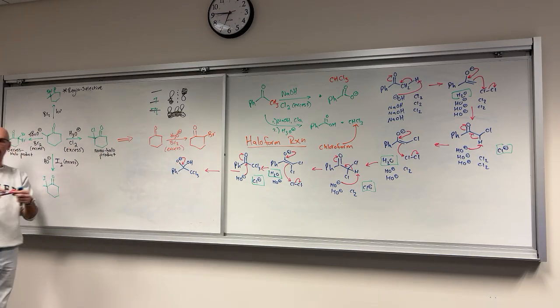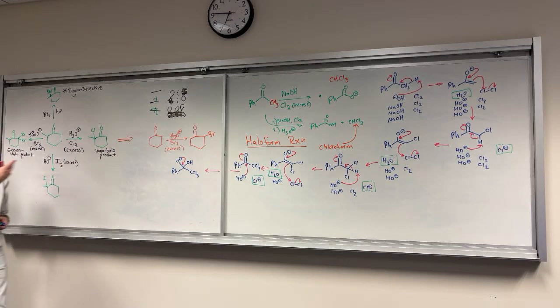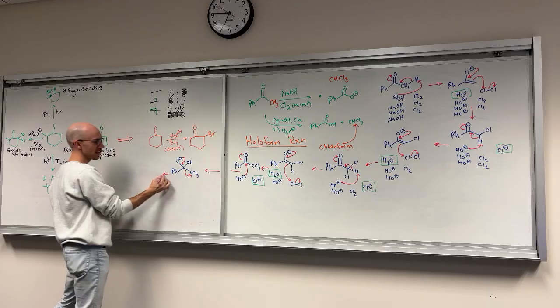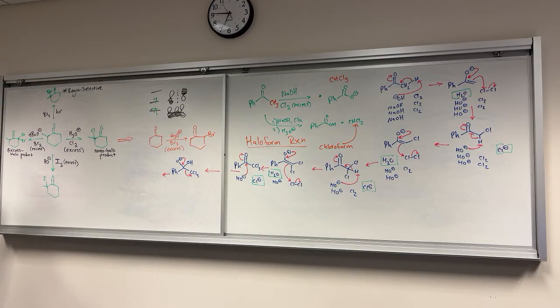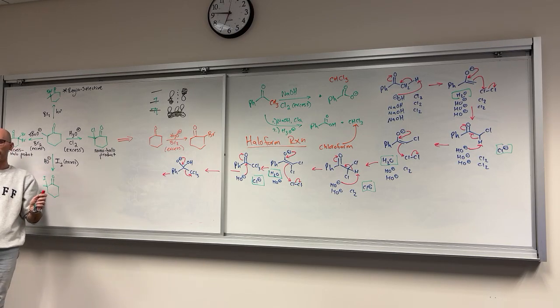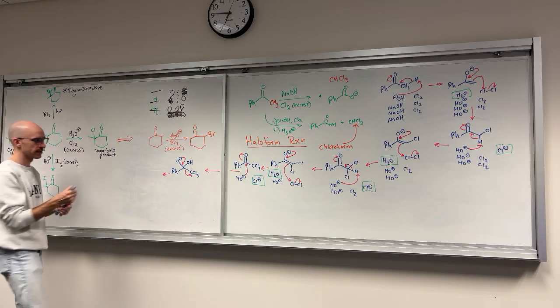What is it going to kick off? It could kick off OH. That would just send us backwards. Instead, it kicks off the carbon group, CCl3. This is likely the first mechanism you've ever drawn where you get to break a carbon-carbon bond. Ozonolysis breaks carbon-carbon bonds, but you don't usually draw that mechanism.